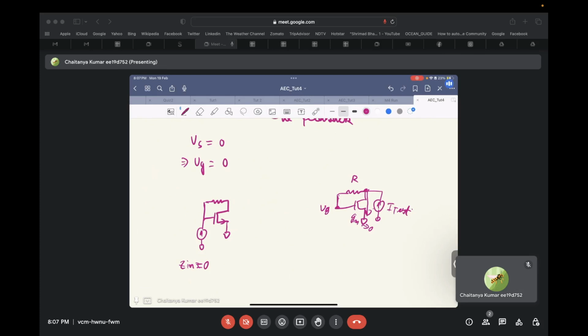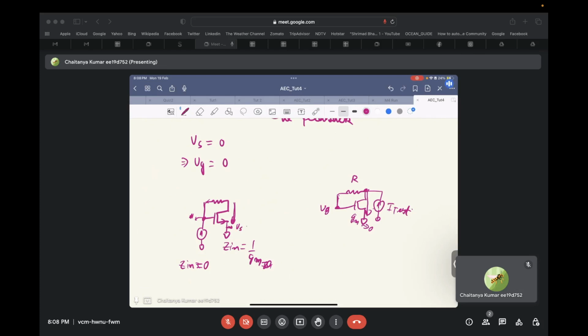So in both cases, the actual impedance that we get, Zin, is basically equal to 1 by Gm. Why 1 by Gm? If you try to toggle this node by some current, all this current has to flow inside this transistor. If all this current has to be supported by the transistor, there will be a voltage developed, since the source is grounded to zero.